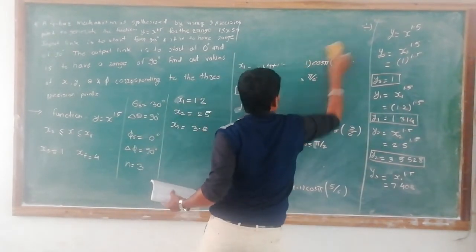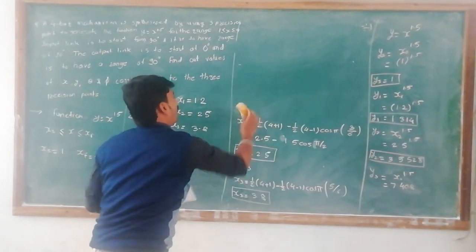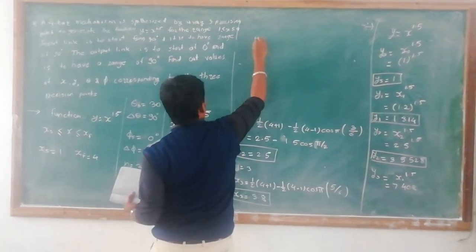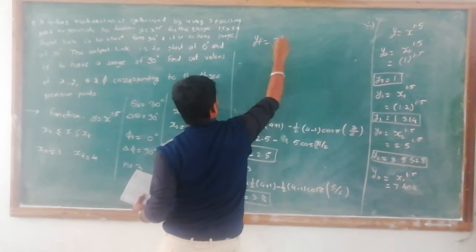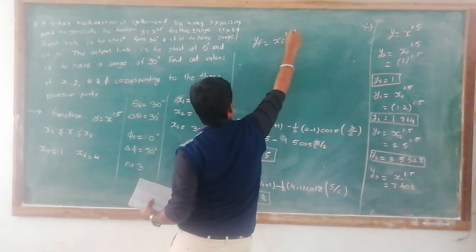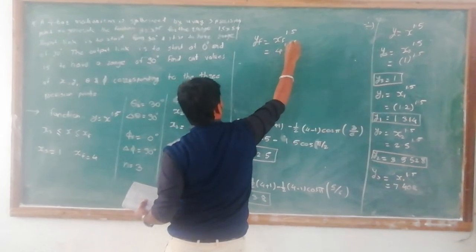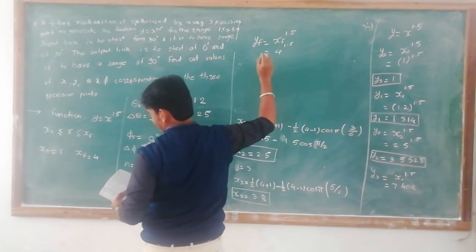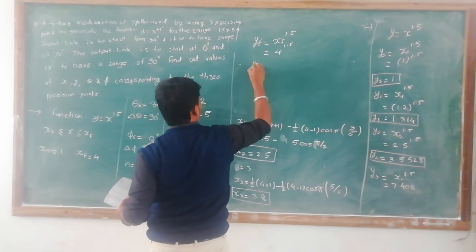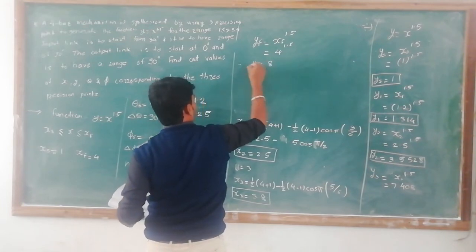Now we have to find out the y finish. So y finish is equal to x finish raised to 1.5. x finish is 4, so 4 raised to 1.5 is equal to 8. Y finish is equal to 8.